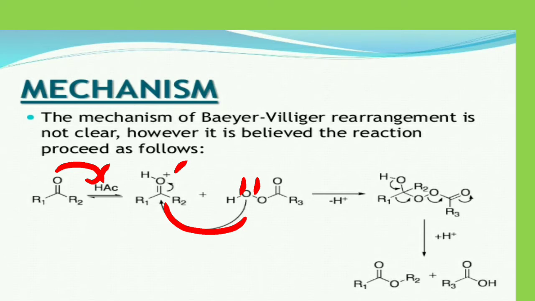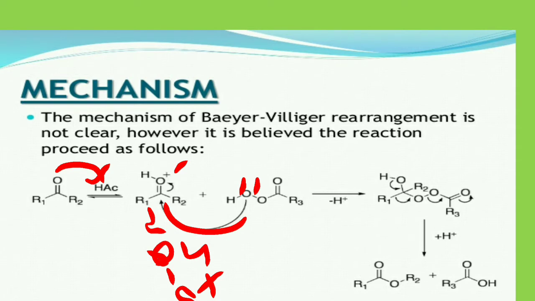This can be written in this manner also, as OH with C plus. This positively charged carbon is attacked by this oxygen, and there is a formation of an adduct like this.